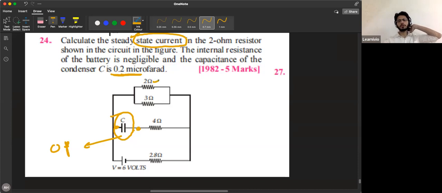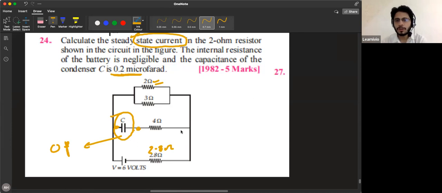You need the current through the 2 ohm resistor. Do it fast, it's a simple calculation. It's 2.8 ohm. I'm waiting for your answers.